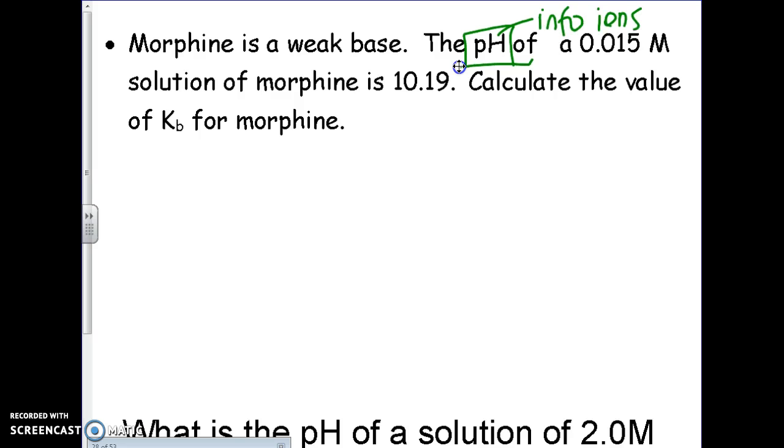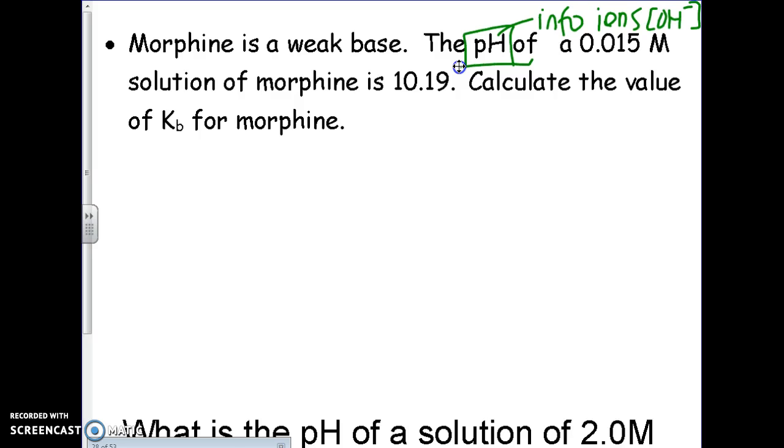Since it is a base, naturally when you see pH, you think, oh, I'm making hydronium. But you can find the pOH from the pH and find the hydroxide concentration, which makes more sense in the realm of the base world here. So this is actually going to give you the hydroxide concentration to use in your ICE box, and then finalize the Kb value.